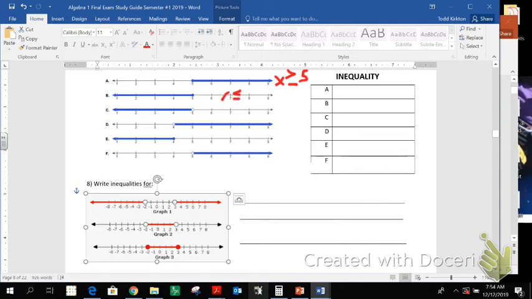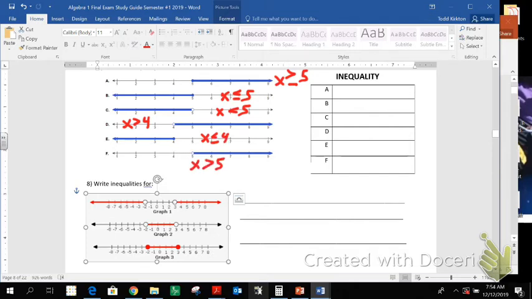Arrow is going to the left with 5. Open circle, arrow to the left with 5. Open circle, arrow to the right. Closed circle, arrow to the left. Open circle, arrow to the right.